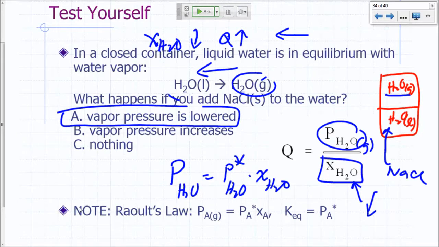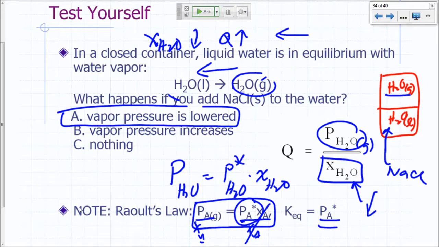In fact, if you look right here, here's Raoult's law: P sub A is P sub A star times the mole fraction of A. If you divide both sides by X_A, you can see that P sub A star is really nothing more than just another equilibrium constant. So you can think of Raoult's law in terms of a reaction, as if it's a reaction where you have liquid water as your reactant and gaseous water as your product.